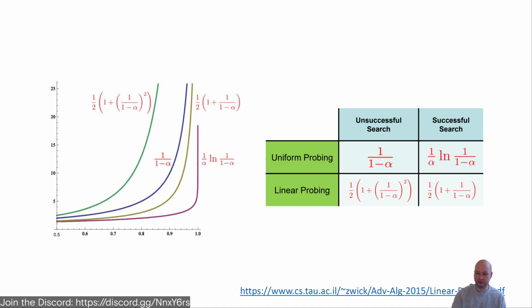I know we didn't talk about all of these equations, but as you can see with linear probing, in a successful search, as we get closer to a load of 1, the average number of elements that we have to go through is going closer and closer to infinity. And that's pretty painful, right?